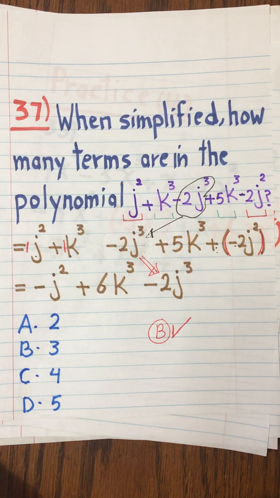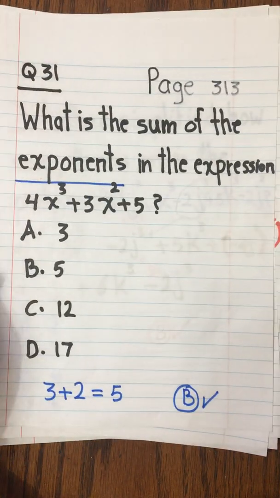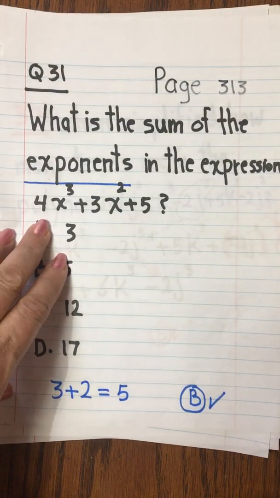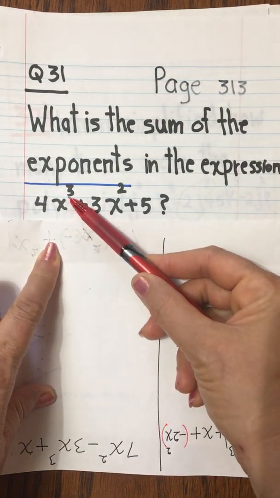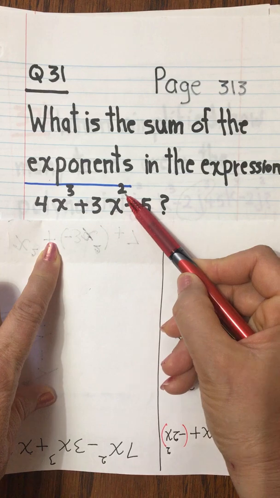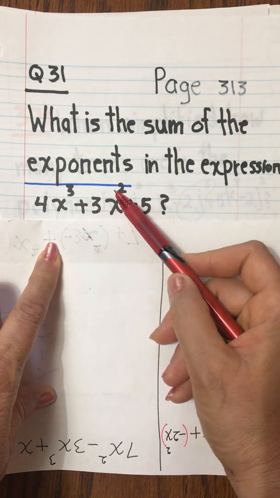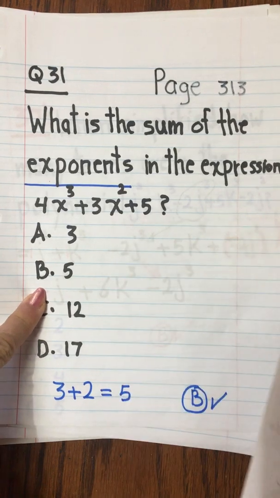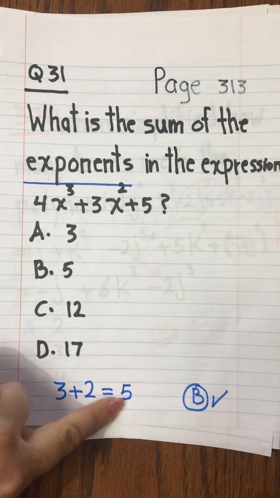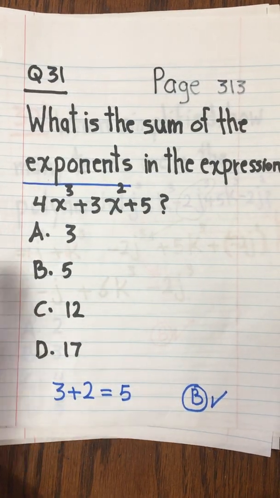It's asking, what is the sum of the exponents in the expression? The exponents are 3 and 2. So 3 plus 2 going to be 5. The sum is 5, so I'm going to pick B. B is the correct one.